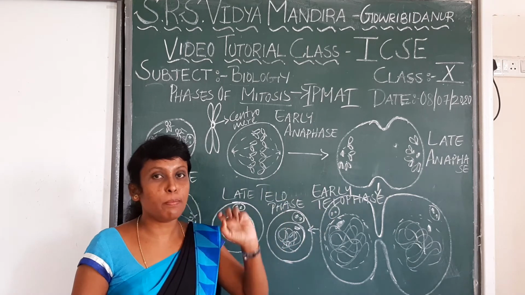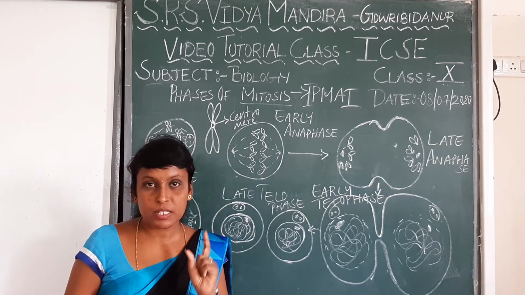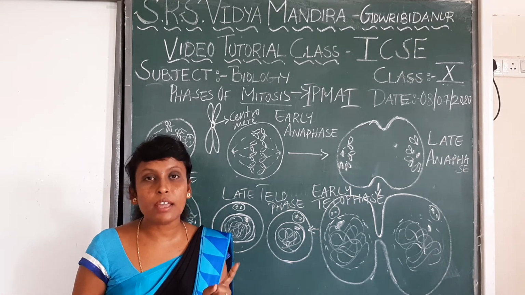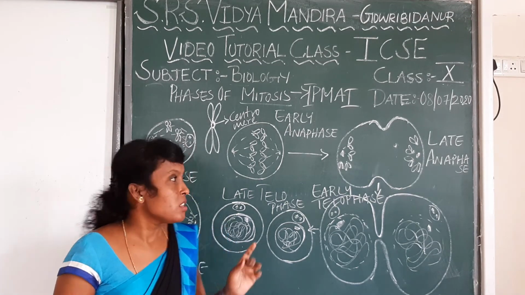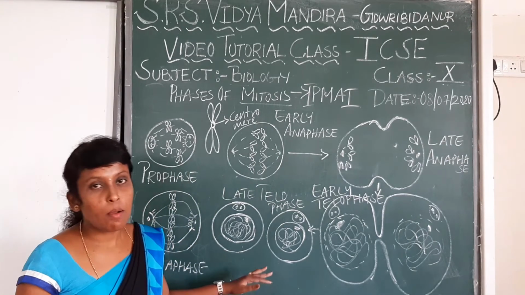So you should be thorough with each and every stage of mitosis, because it is a short question in your Section B. Understood? So this is the completion of the phases of mitosis.